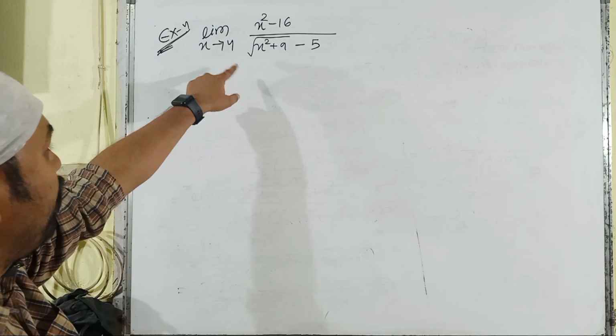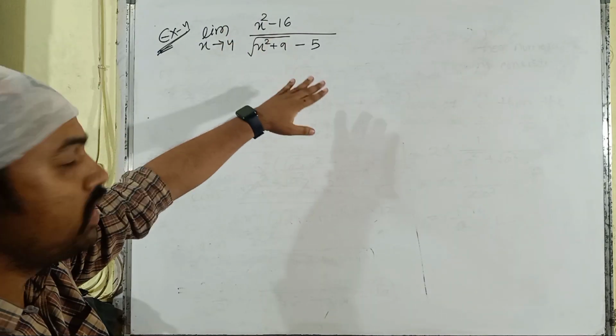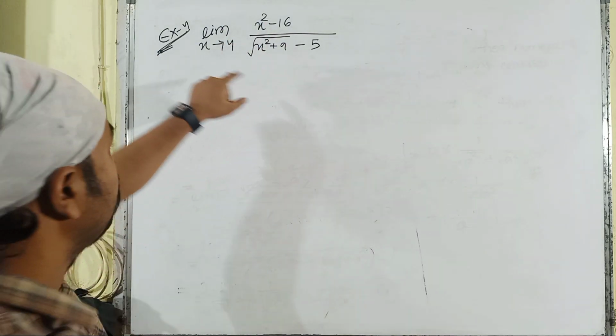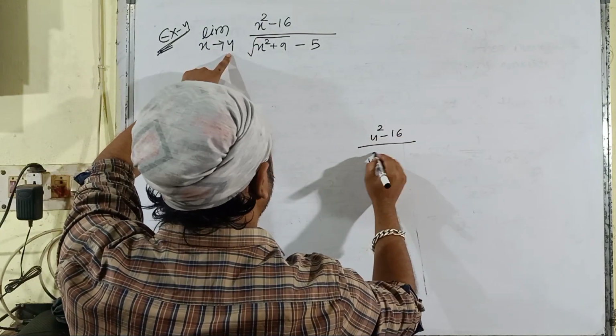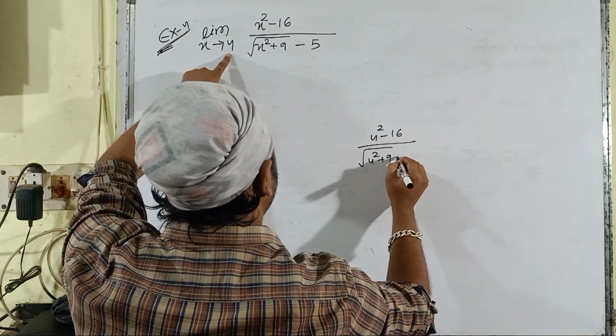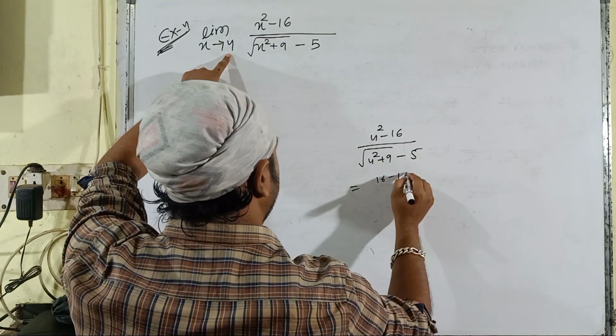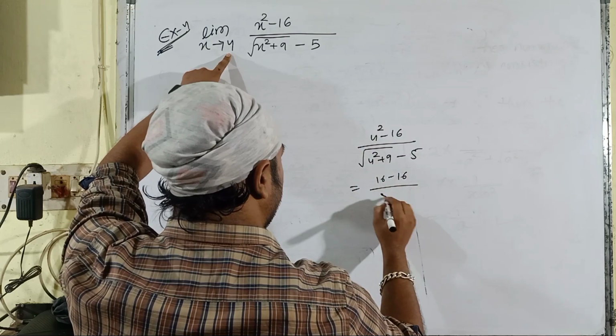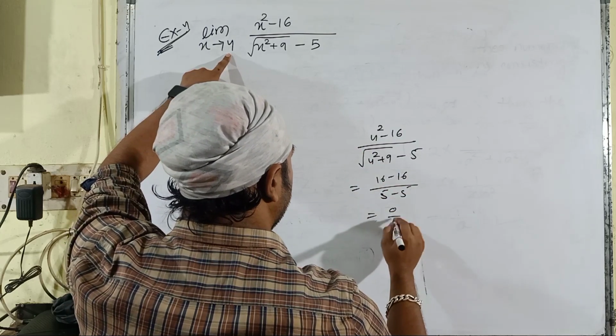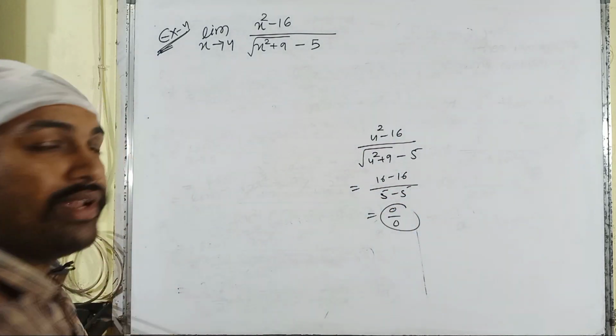First of all, let us put the value of x is equal to 0, whether it is in the indeterminate form or not. By putting here, it is 4 square minus 16 divided by square root of 4 square plus 9 minus 5, then it is 16 minus 16 divided by square root of 16 plus 9 which is 25, square root of 25 is 5, minus 5. Okay, this is again in the form of 0 by 0.